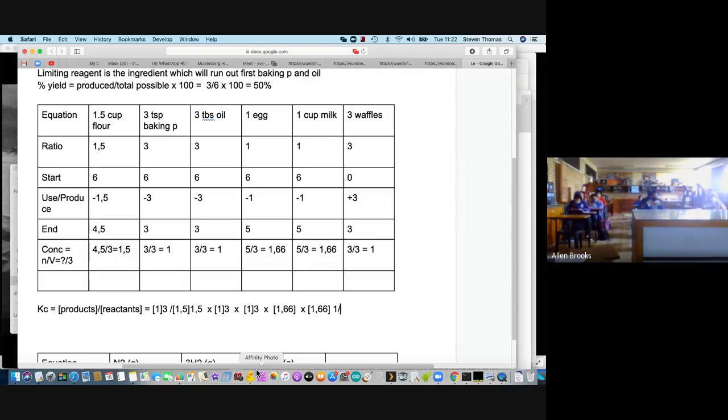What did you get? Use your calculator. I typed it in my calculator. 0.198.